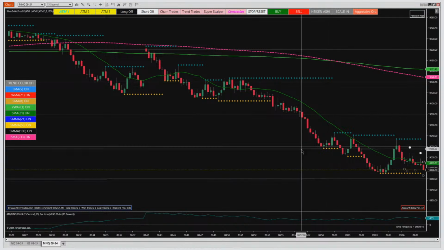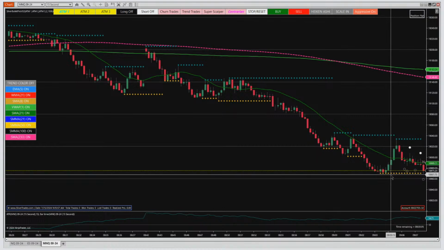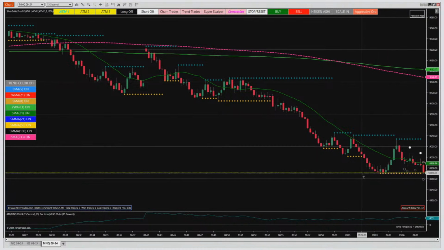I'll resume taking default trades when the price crosses below this line, this swing. This is the swing indicator.